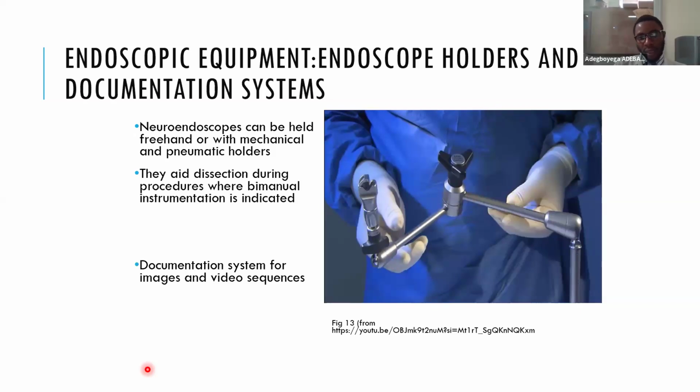Although neuroendoscopy can be done freehand, neuroendoscope holders aid the stabilization of the endoscope and the endoscope sheath when bimanual instrumentation is required. A documentation system for recording of image and video sequences is also a part of the neuroendoscope setup.